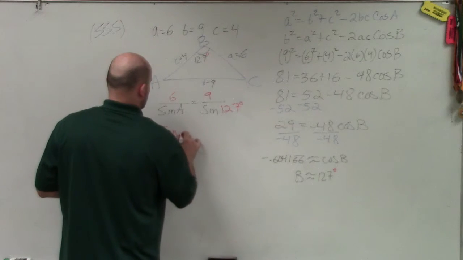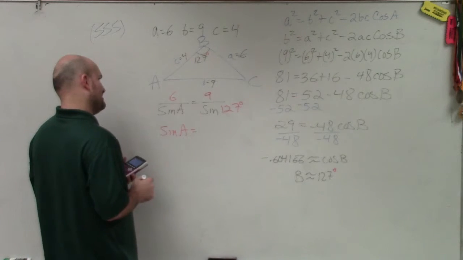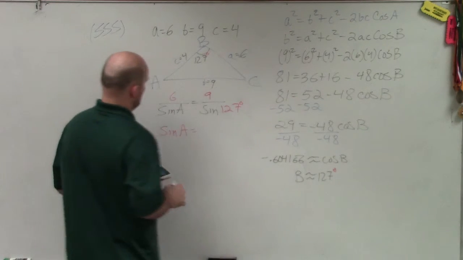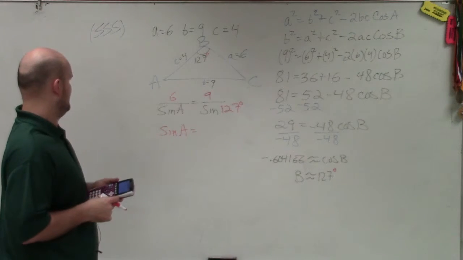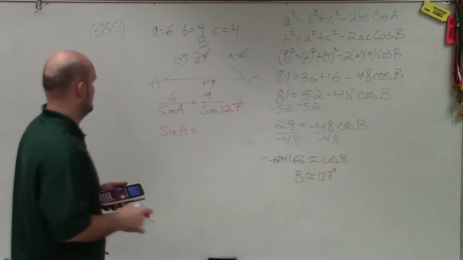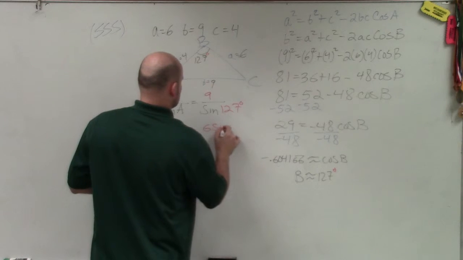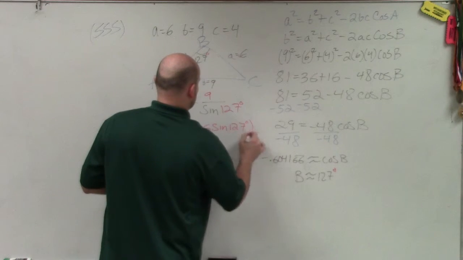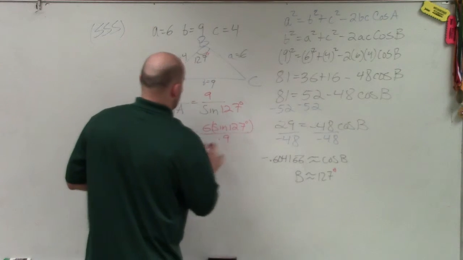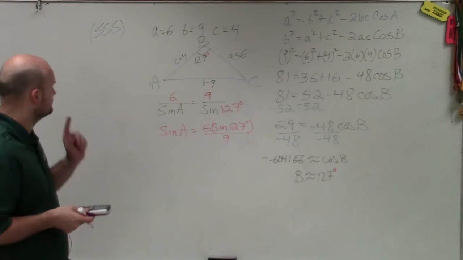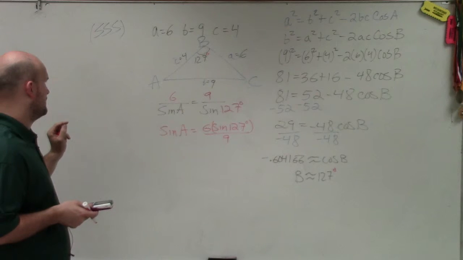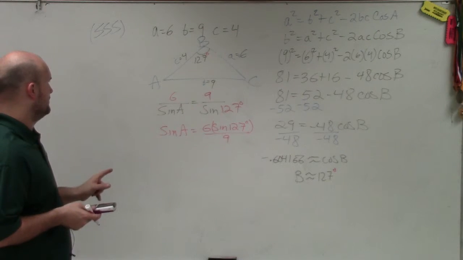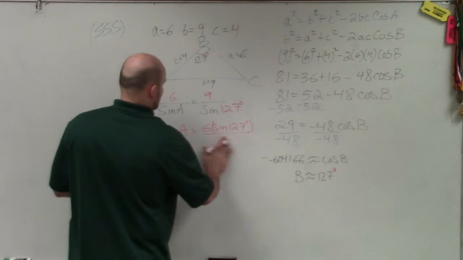But hopefully you understand that sine of A is going to be equal to 6 times the sine of 127 degrees divided by 9. Wait a minute, what am I doing here? It's 9 and 6.